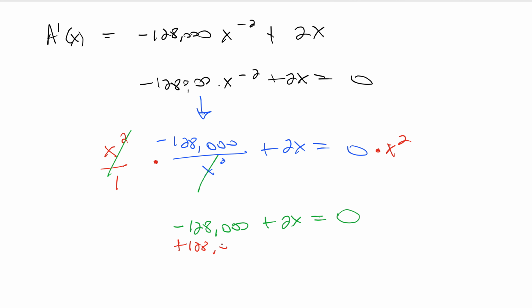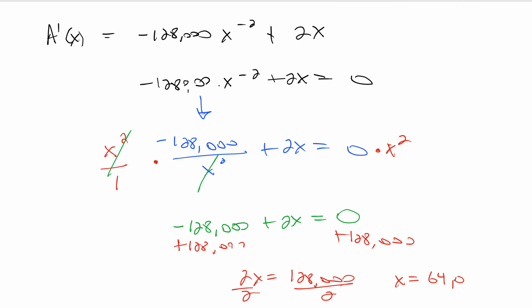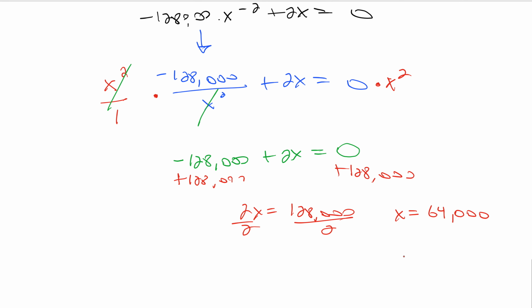Plus 128,000 on both sides, and you have 2x equals 128,000. Divide by 2 on both sides. What's 128,000 divided by 2? X is equal to, I just had my assistant check that. It's correct. Okay. So 64,000. Got that?